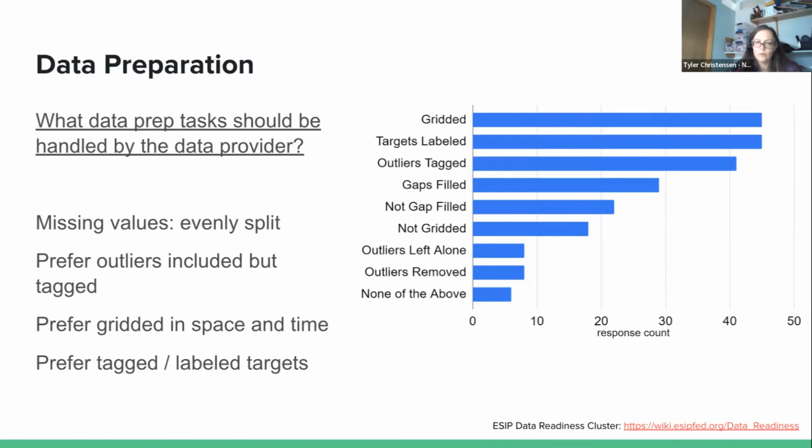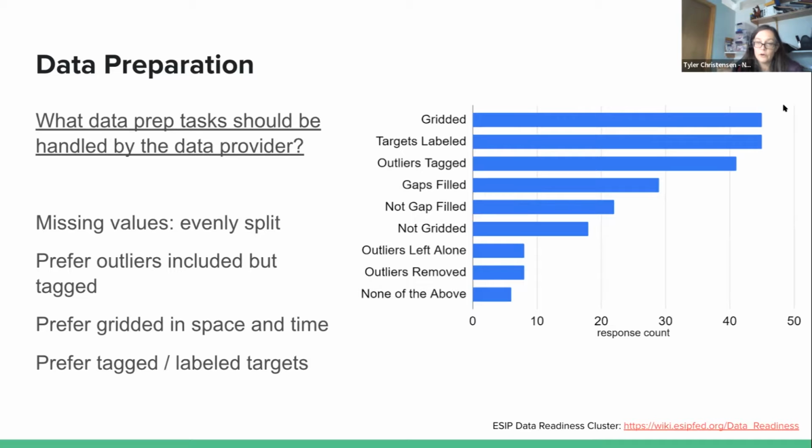So we're evenly split basically on whether the missing values should be, this is gaps filled and not gap filled. So that's pretty evenly split. There's a pretty strong preference for outliers being included. So you're not excluding any outlying values, but you're tagging them so that people can easily identify outliers and decide whether to use those in their analysis or not.